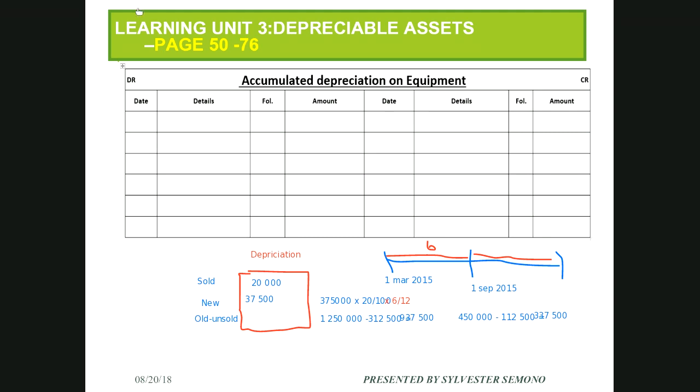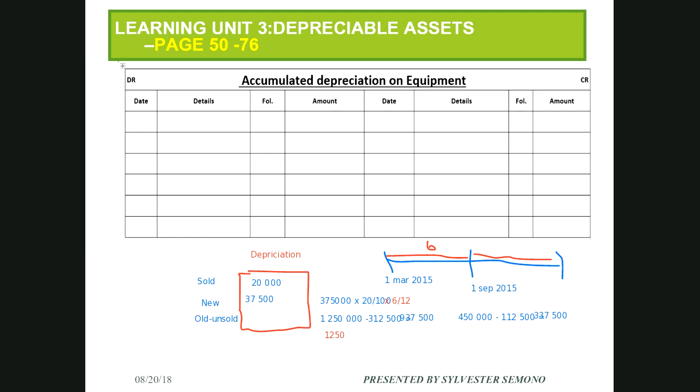We can say now, 1,250,000 minus how much is it? 337,500.